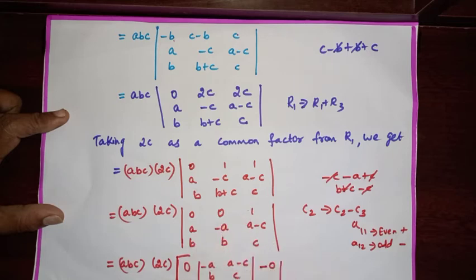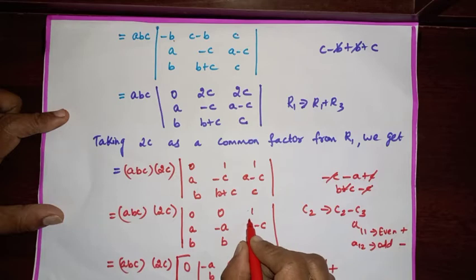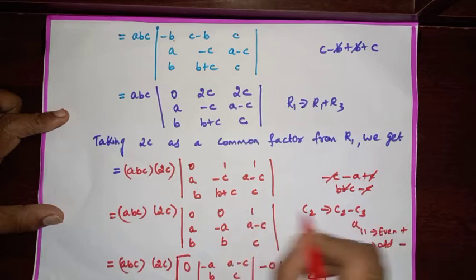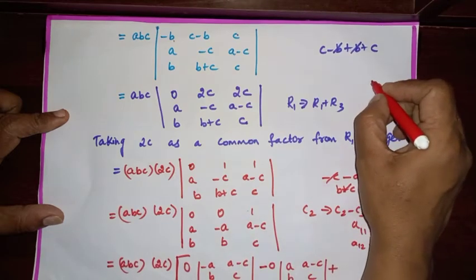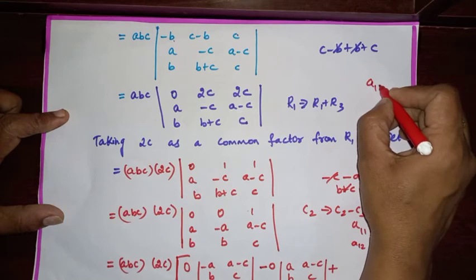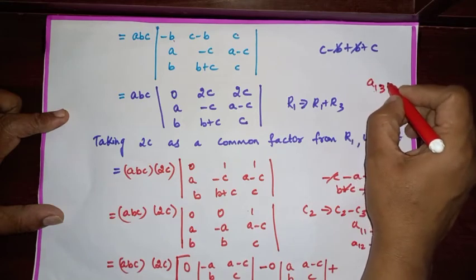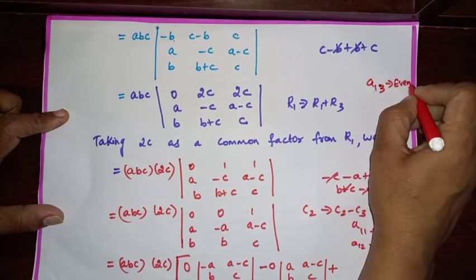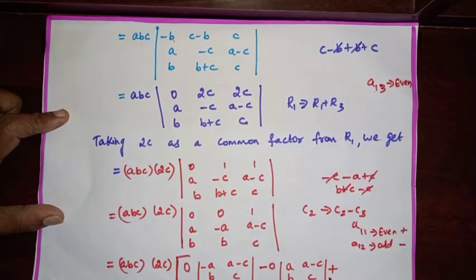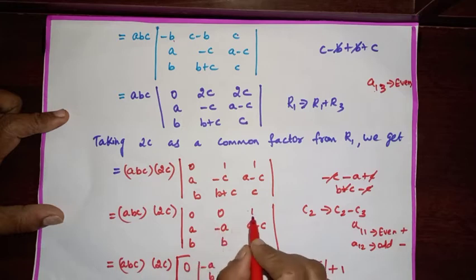We have the submatrix A minus C, B, C. Plus: why am I using a plus sign here? Because 1 stands in the place 1, 3, and 1 plus 3 is an even number, so we use a positive sign. It stands in the first row, third column, so we delete the first row and third column.